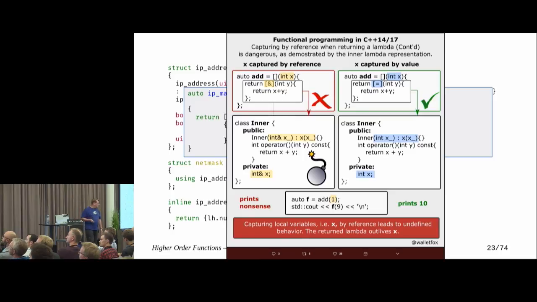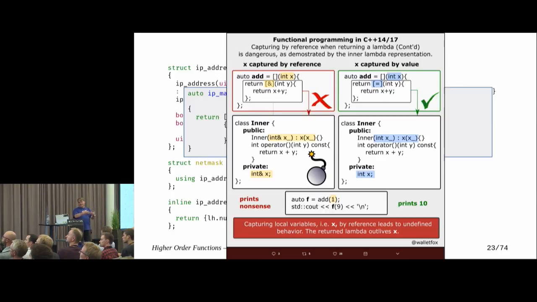And here's a good time to look at this cheat sheet that Twitter account WalletFox posted. Be very careful when you write higher order functions where the higher order function takes some parameter by value.